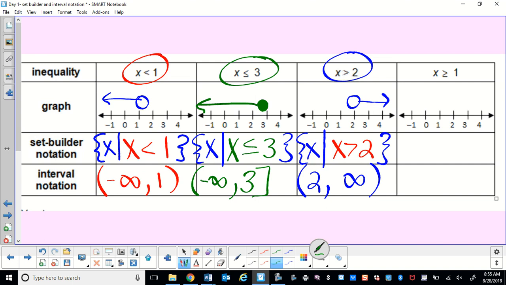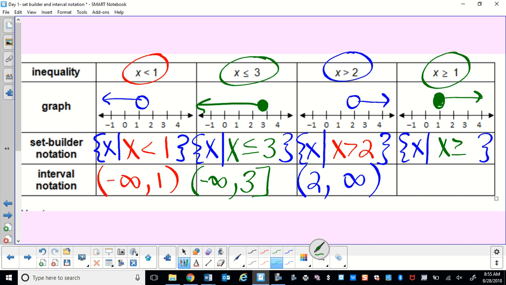All right, Samuel, the fourth one. How do I say this? Okay? Open or closed? Left or right? All right. So we have our braces, and it's such that what goes in the middle?